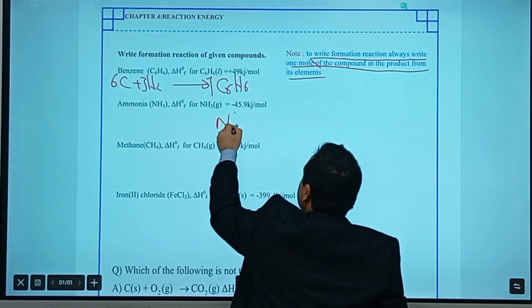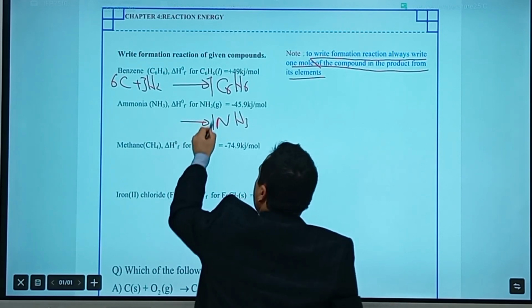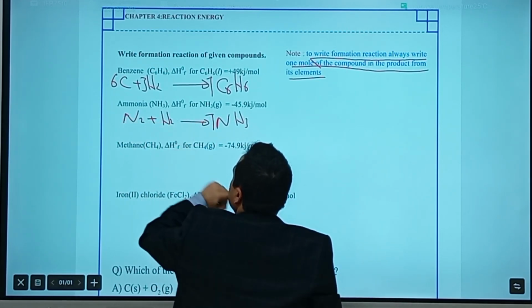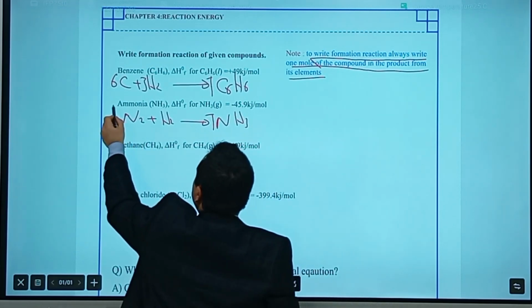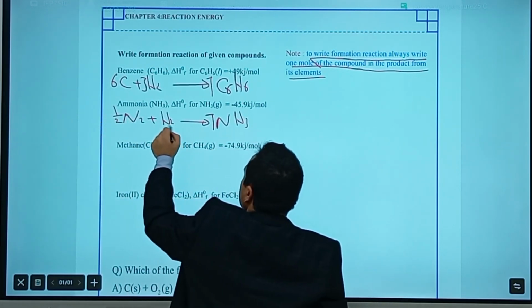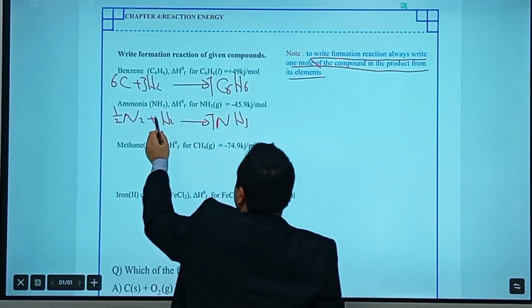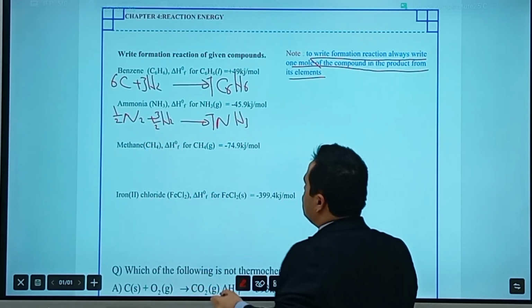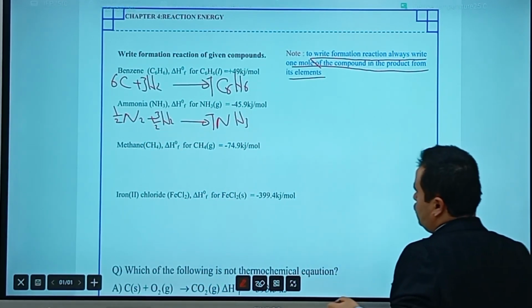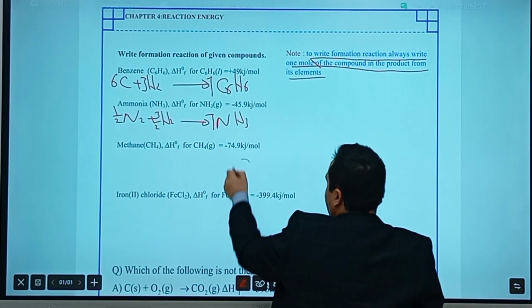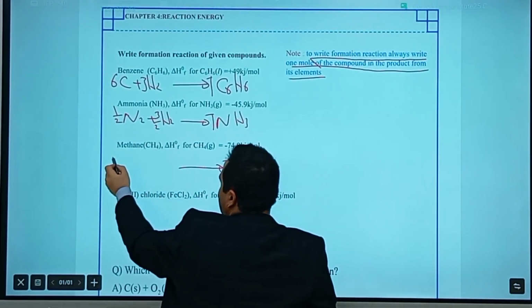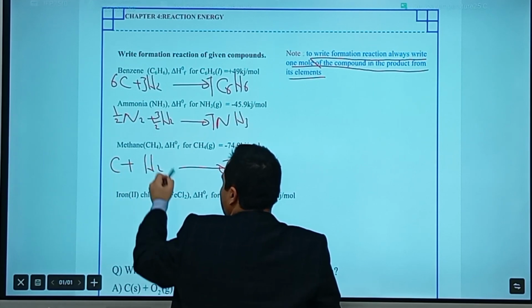Another one, NH3. 1 mole of NH3 from N2 plus H2. To balance the equation, we have to adjust the coefficients of the reactants: 1 over 2 N2 to become N, and then 3 over 2 H2 to equalize the hydrogen in the product. The same for methane, CH4 must be in the product, 1 mole, from carbon and hydrogen, guys.